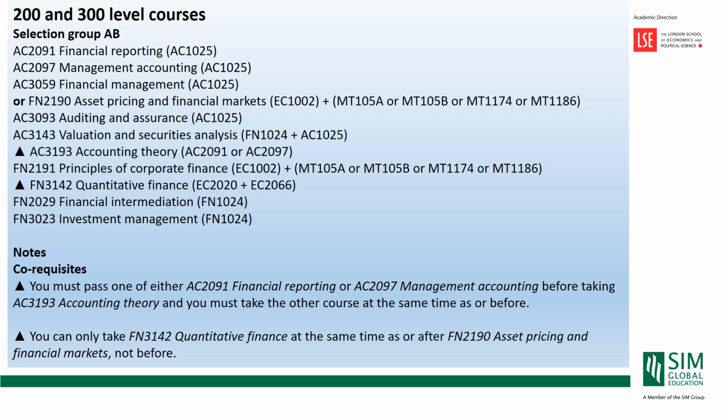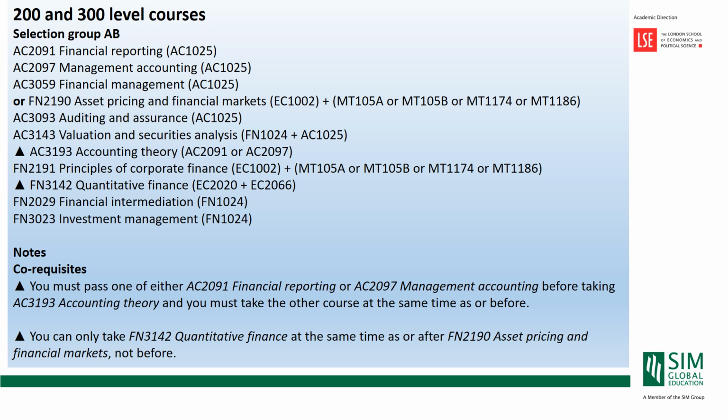And that says in order to take accounting theory, you need to have already passed AC 2091 and AC 2097, not pass both, but at least pass one of them before you are allowed to take accounting theory.